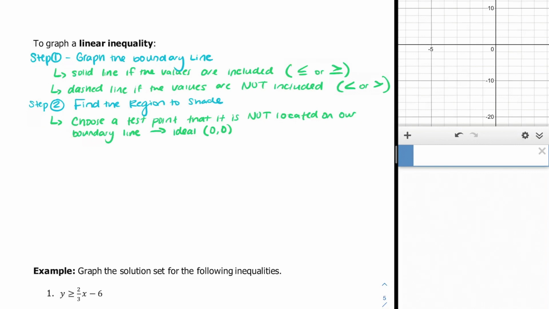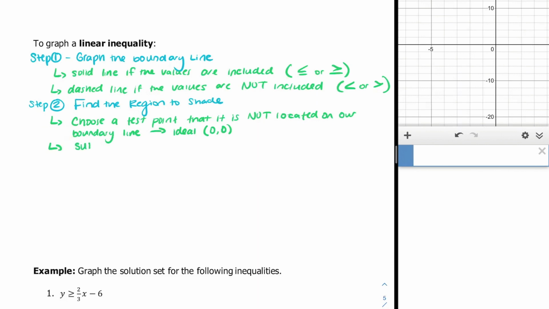Ideally, if we could pick the point 0, 0, that makes the math really easy, because if we multiply anything by 0, or we divide 0 by anything, we are going to get a 0 as our answer. And dealing with zeros is really simple. But we can't always use 0, 0. If 0, 0 is a point on our boundary line, we cannot include it as our test point. But if we can, awesome.